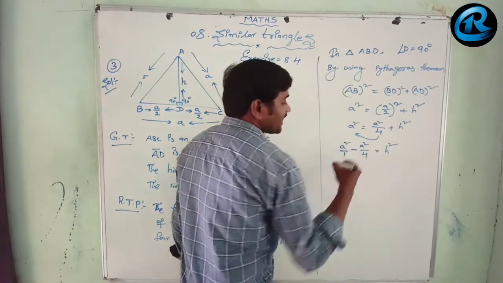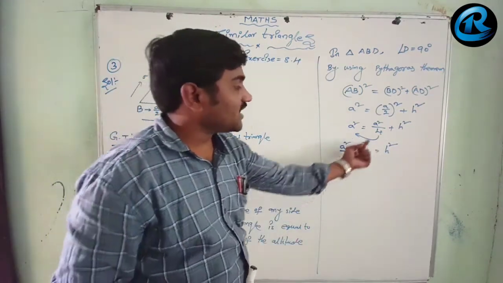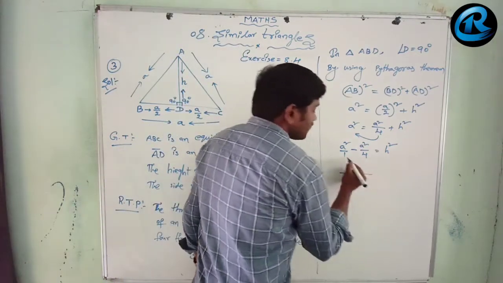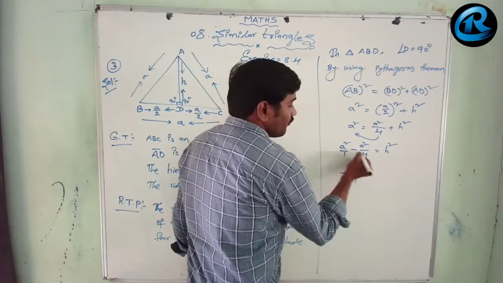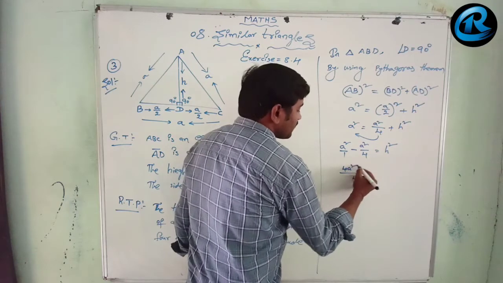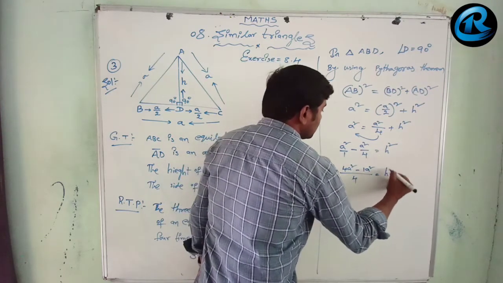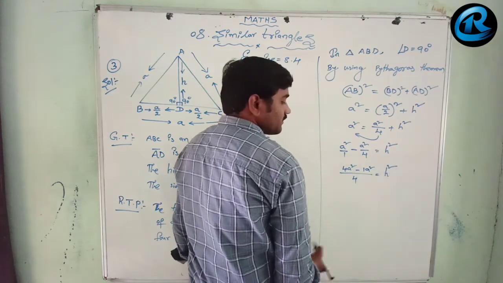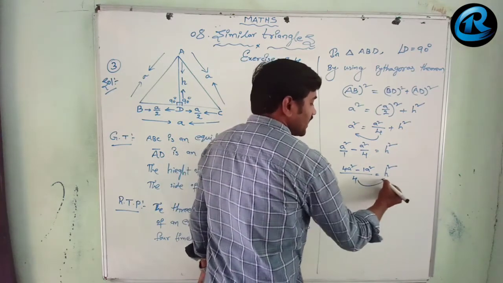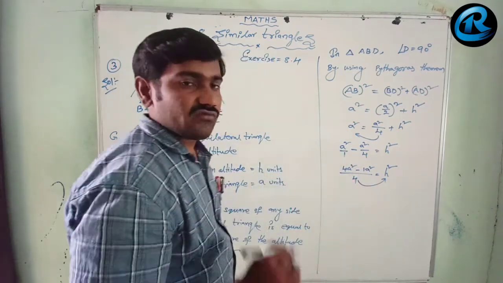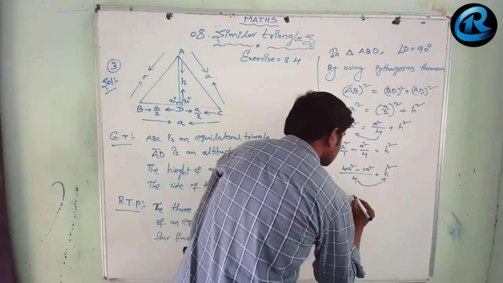This a square will write as a square by 1 to take the cross multiplication or LCM here. So what we get here? 1 into 4 is 4. 4 into a square, 4a square minus 1 into a square is 1a square, that equal to h square. See, this 4 is dividing here to transfer the other side, that become a multiplication. 4a square minus 1a square. 4a square minus 1a square is 3a square.